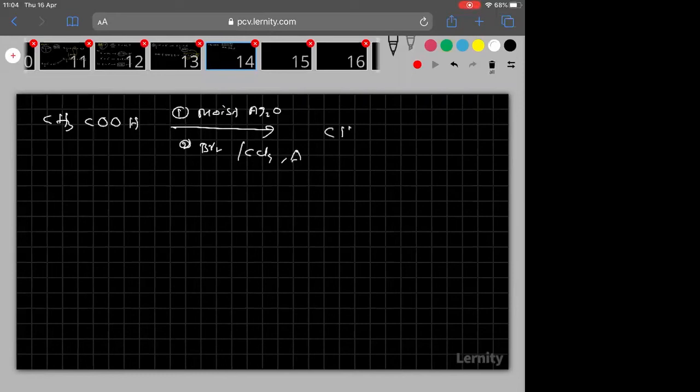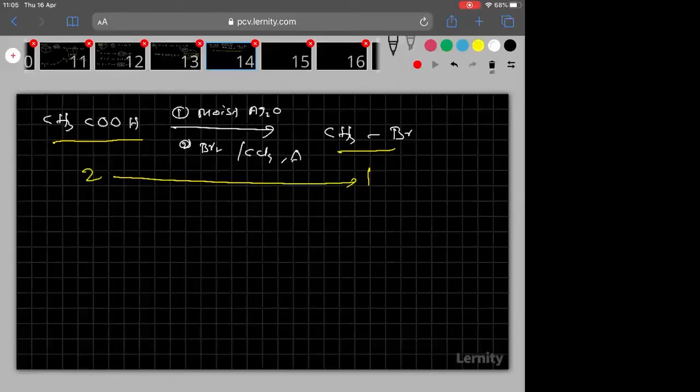The answer is CH3Br, bromomethane. How? Now you see how many carbons are there? 2. Then how many carbons are there? 1. As I told you, 1 carbon less bromoalkane is formed in Hans-Dicker reaction. So you will get here bromomethane.